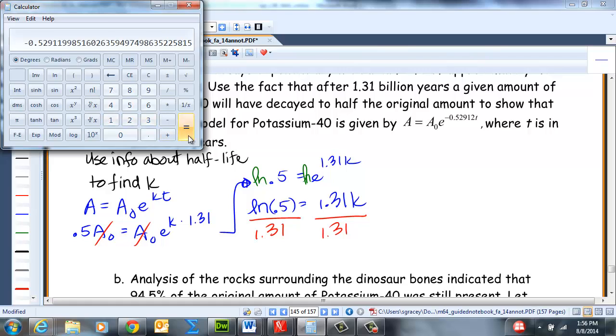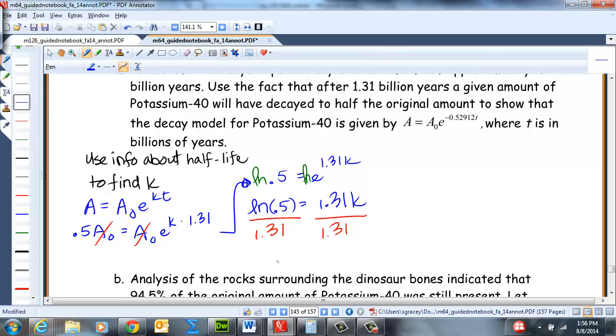So look, if you round to the fifth place there, we'll get negative 0.52912. So we just showed that k was approximately negative 0.52912. So that's what they wanted us to show in the first part.